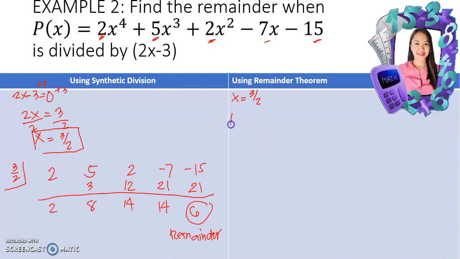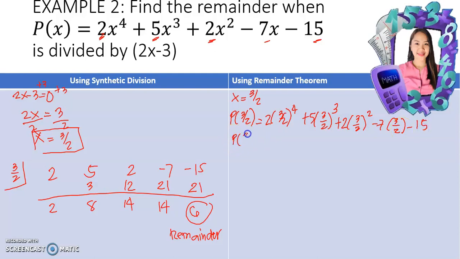So this will become P of 3 halves equals to, your x here will become 3 halves. So 3 halves raised to 4 plus 5 times 3 halves raised to 3 plus 2 times 3 halves raised to 2 minus 7 times 3 halves minus 15. You can use calculator in simplifying the expression.